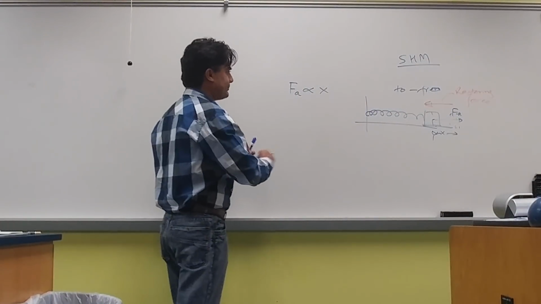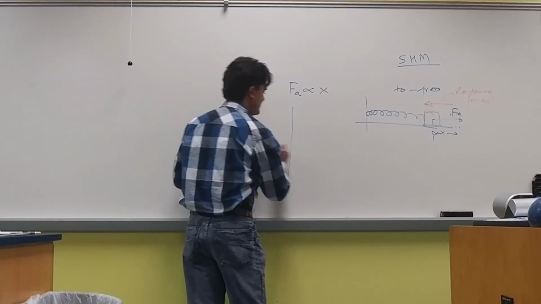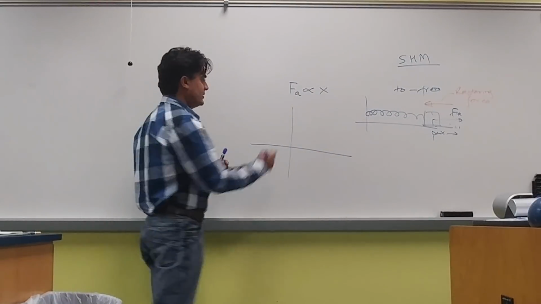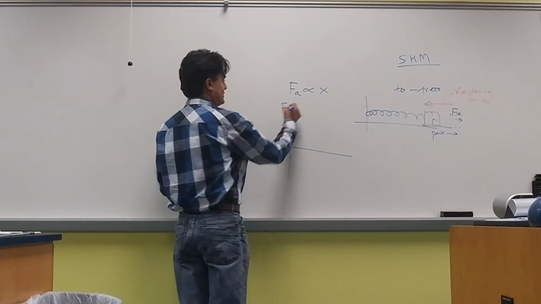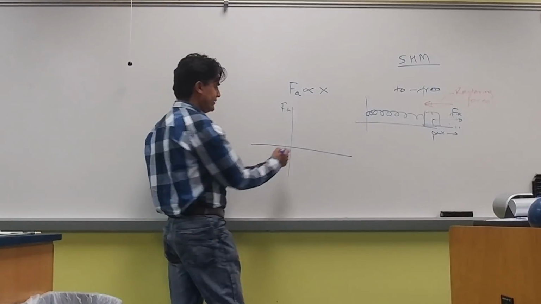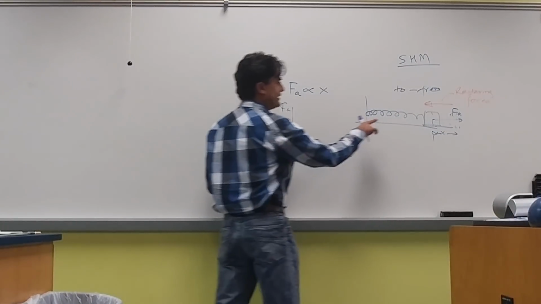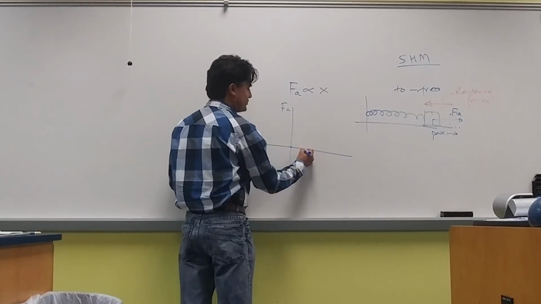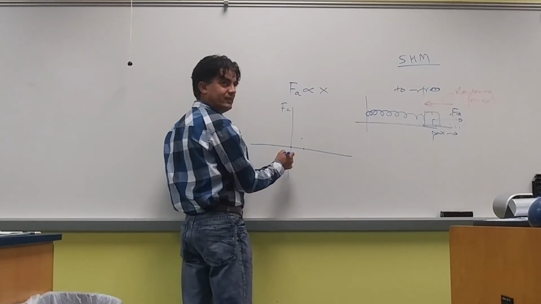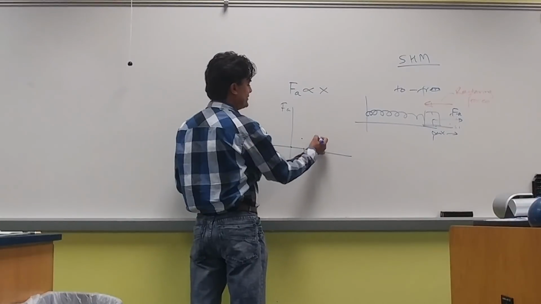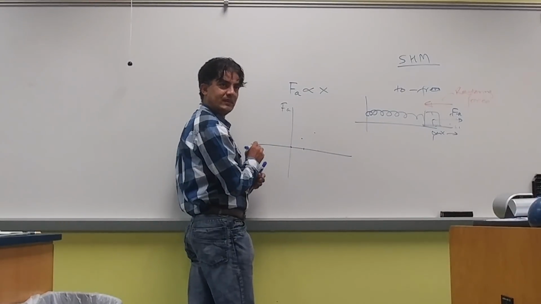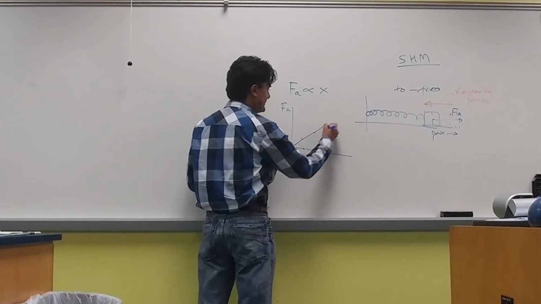So if I plot a graph of my applied force FA, to make a displacement of 1, I have to apply a certain force. If I want to double the displacement, I have to double the force, isn't it? Basically it goes something like this.